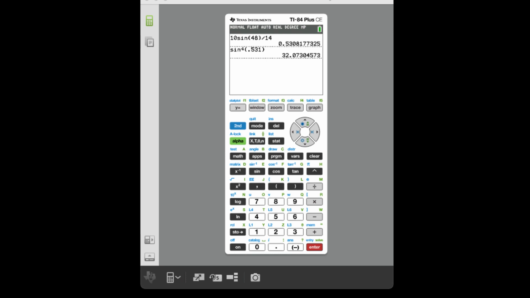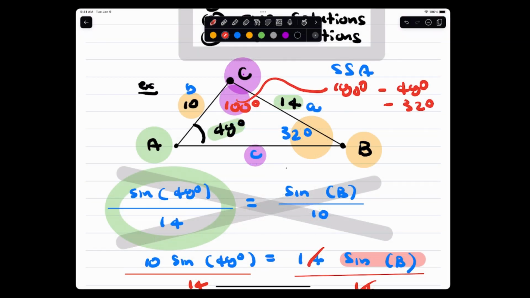Let's find out what that is. What do you guys get? 100 degrees. So this equals 100 degrees.